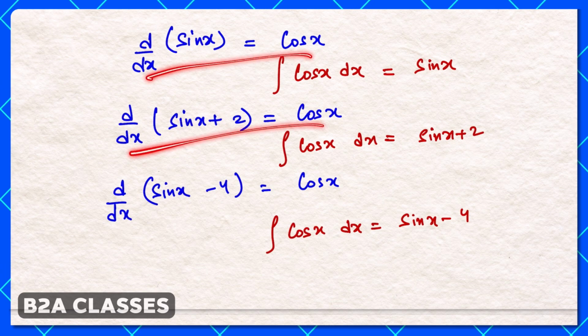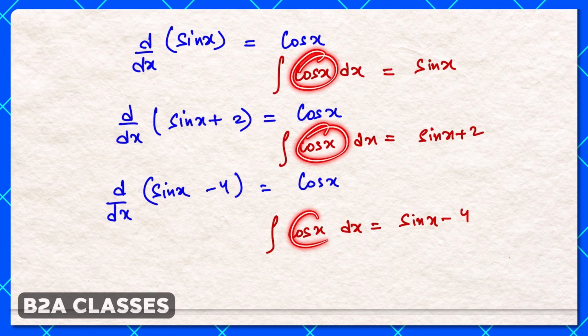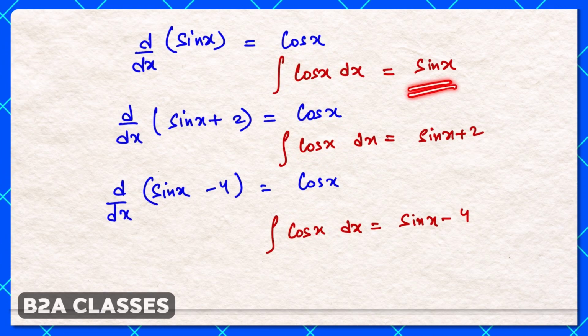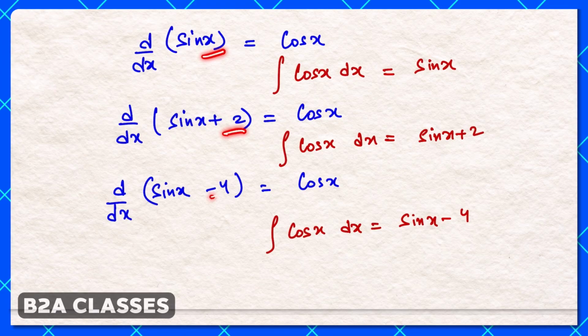So from these three equations, I get these three integrals. So whatever function is here is the same, but the integrals I get are different. So if you focus on these equations, whatever constant is here, I will get the same answer, which is cos x. This constant can be anything, but the answer or the output will be the same.